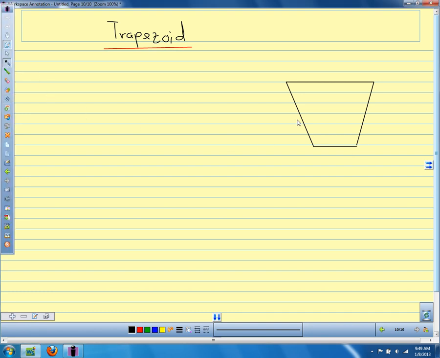Remember that a trapezoid has two bases. I'm going to call this one base 1 and this one base 2. And I'm going to draw in the height. We find the height at a 90-degree angle between the two bases.